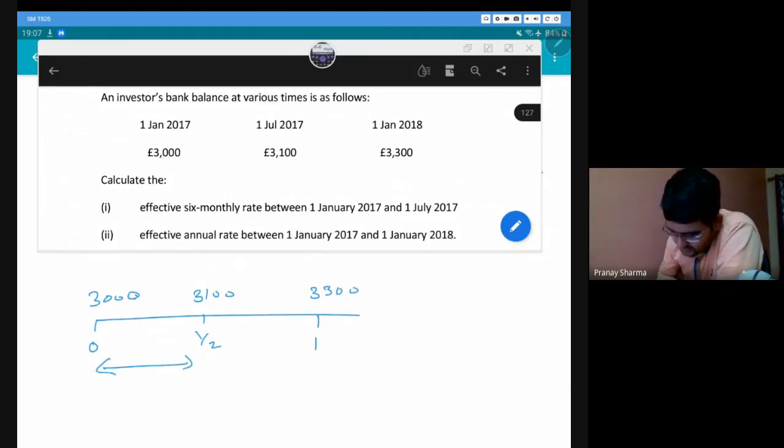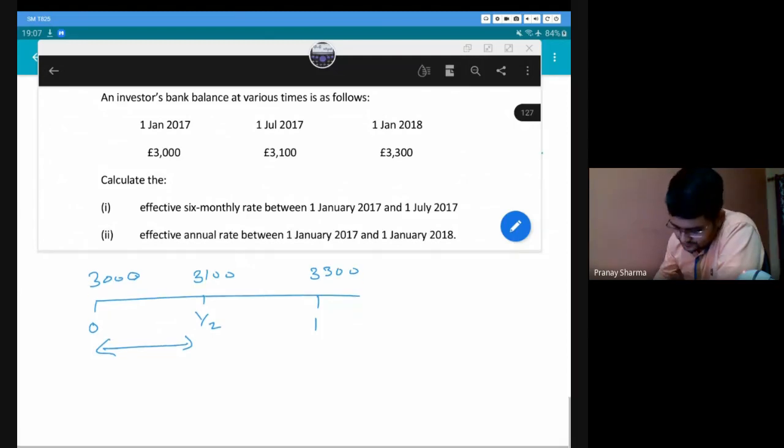So we want the effective rate of interest per 6 months. Effective means we'll be paying interest only once every 6 months. So we'll not write it as I, because I by default means per annum. We will write it as I dash for now. So my future value is 3,100.